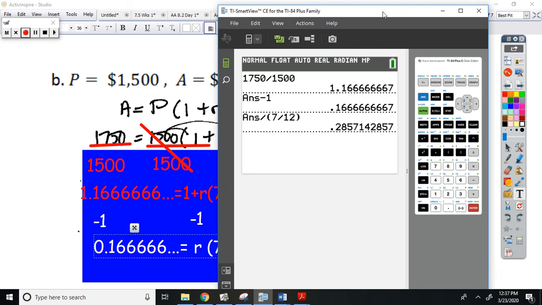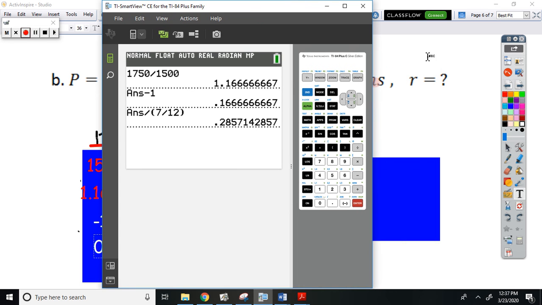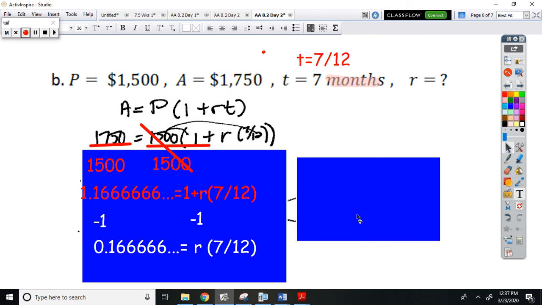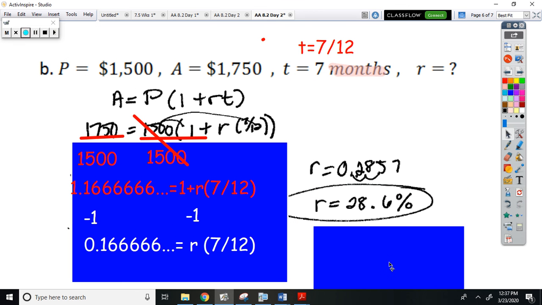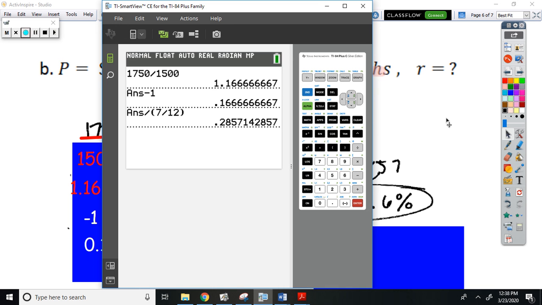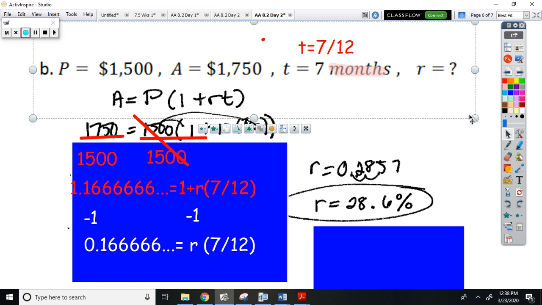We should get this, 0.2857, which then if we move our decimal 2 spaces, we should get 28.6%. Just make sure not to round at all throughout the process. Just leave all of those long decimals just sitting in your calculator till the very end. Otherwise, you'll be slightly off.